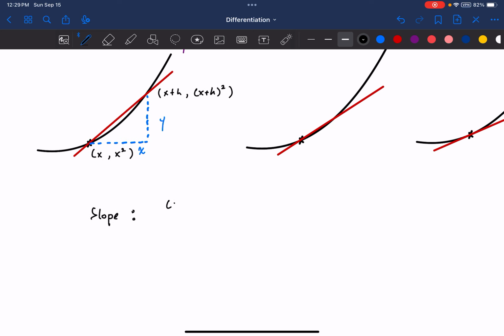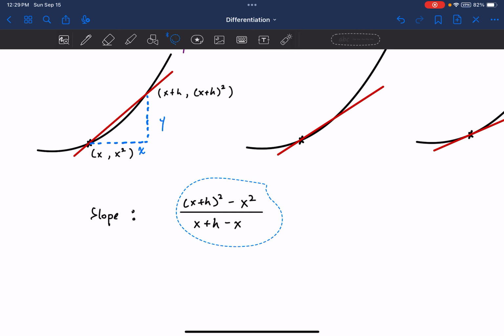So this would be x plus h squared minus x squared, and then x minus x, which is x plus h minus x. And since we want the h to become 0, we would just take the limit of this, as h is approaching 0.